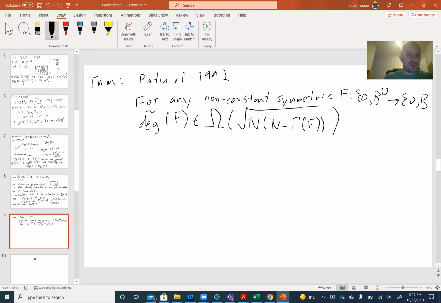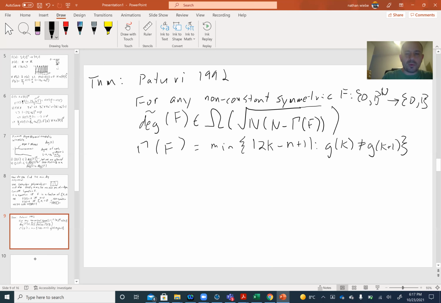Okay, so here gamma of f is equal to the minimum of 2k minus n plus 1, such that g of k is not equal to g of k plus 1, where we're assuming, again, k here is the sum over i of x_i, so it's just the total number of ones in the particular input, I should say.